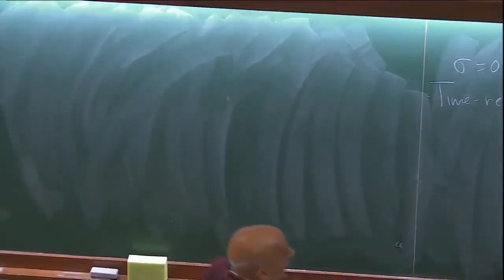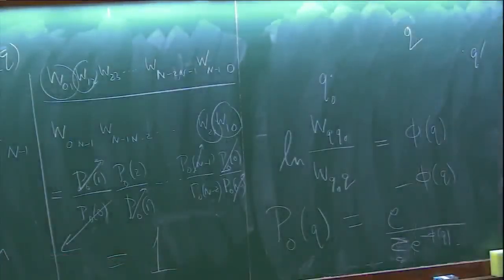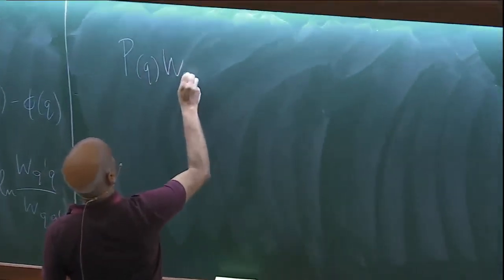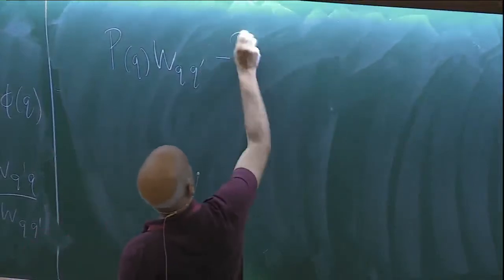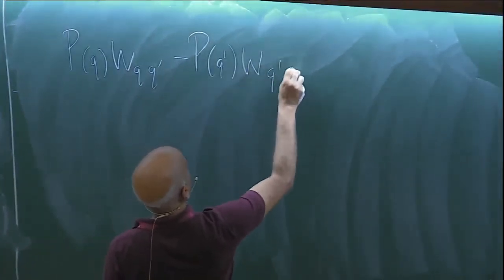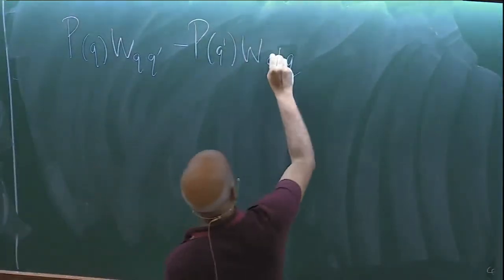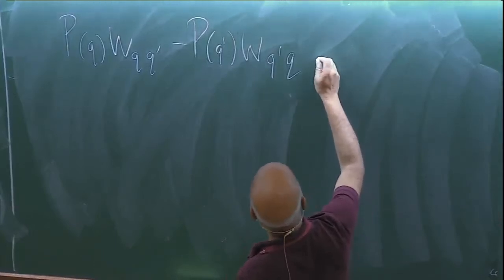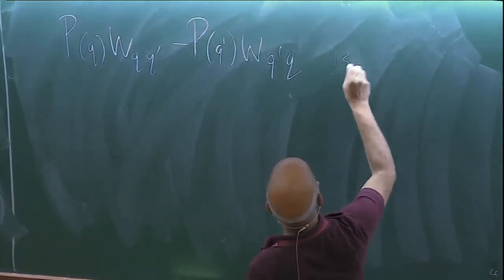So what hopefully we've agreed is that this object, by repetition and intimidation, I hope I've convinced you, P of Q times W of Q to Q prime minus P of Q prime times W of Q prime to Q, is a measure.